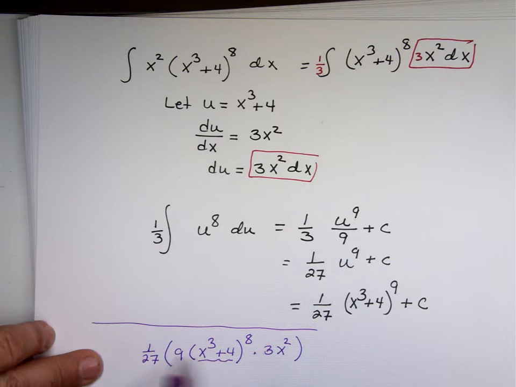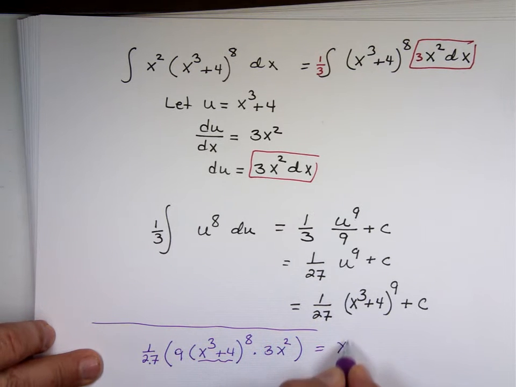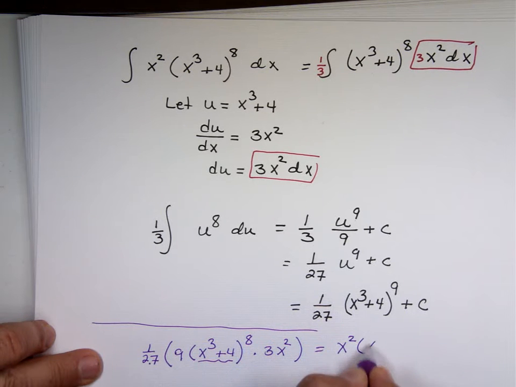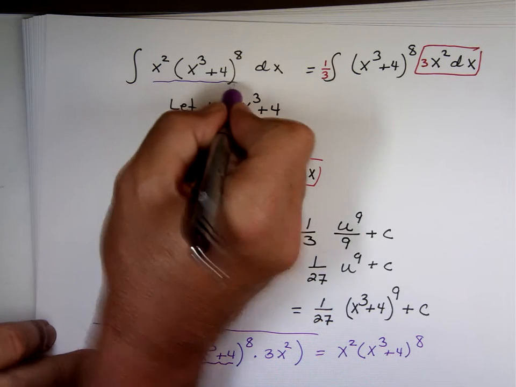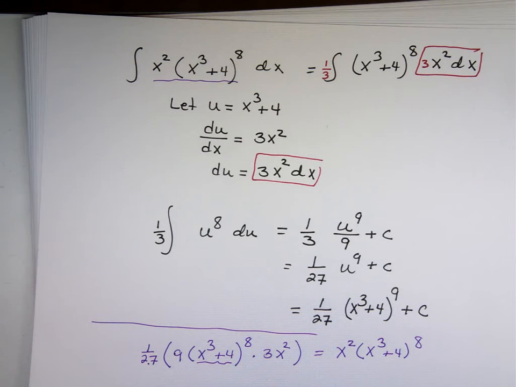What's 3 times 9? Does it cancel 27 in the bottom? You end up with what? x squared times x cubed plus 4 to the 8th power. Is that what this one is? So that's one way of testing it. Taking the derivative of this should give me that one, and it does.